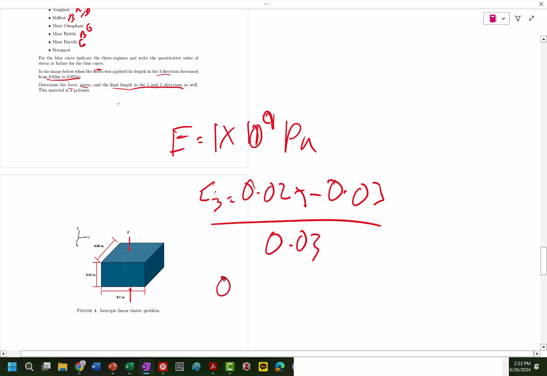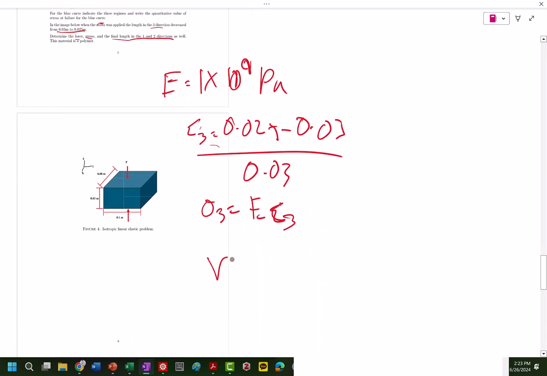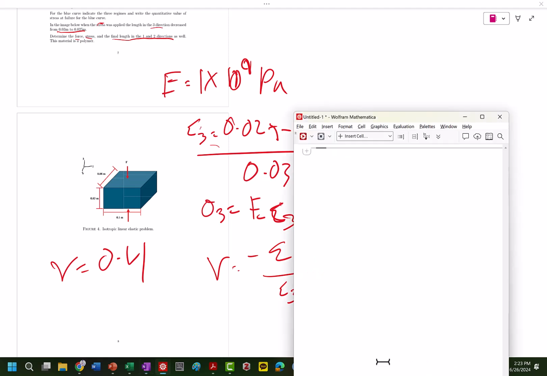We also know that stress in the 3 direction is going to be equal to my Young's modulus times this strain 3. And we also know that our Poisson ratio, which for a polymer must be equal to 0.4, is equal to minus our lateral contraction, in the 1 or in the 2 direction, over our strain in the 3 direction. So we can leverage and use all these equations.